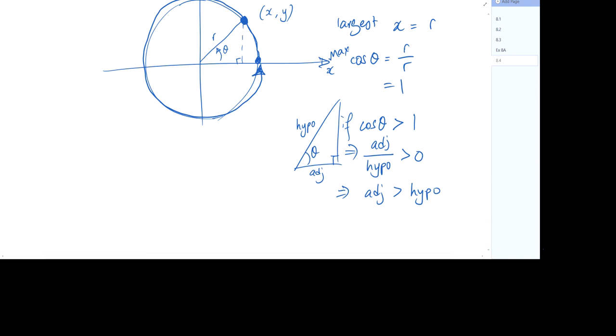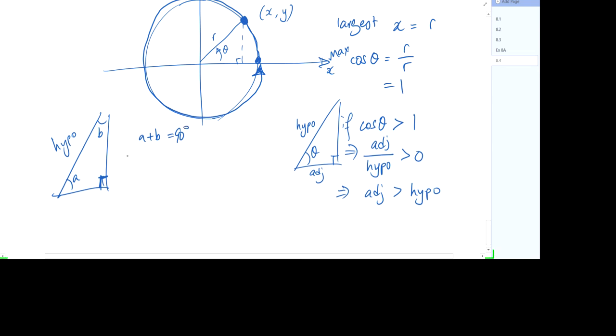Cannot, because the definition is that the hypotenuse is the side opposite the 90 degrees, which is the largest angle in a right angle triangle. You cannot give me an angle in a right angle triangle bigger than 90 degrees. You can try to draw as many triangles as you like. It cannot. Because if this is 90, then A plus B must be equal to 90, and none of them can be greater than 90.